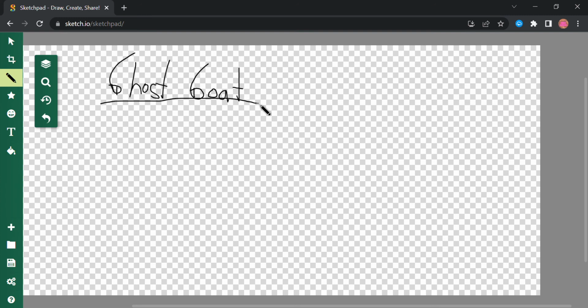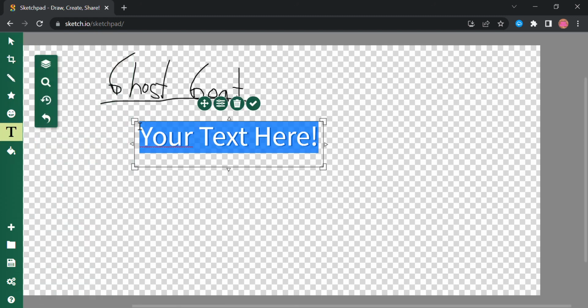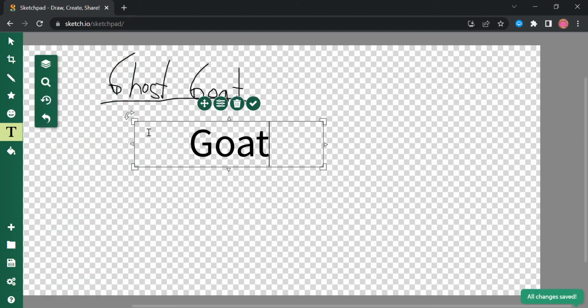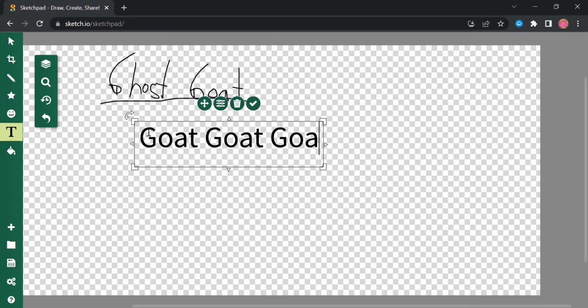The ghost goat. Now, let's say you have 17 goats. Okay, I'm going to write it instead. Goat, goat, goat, goat. I'm saying goat a lot.